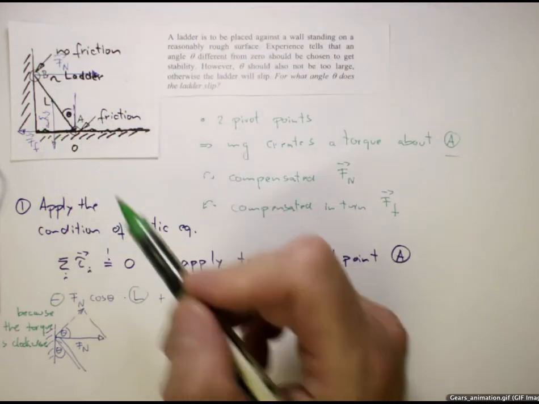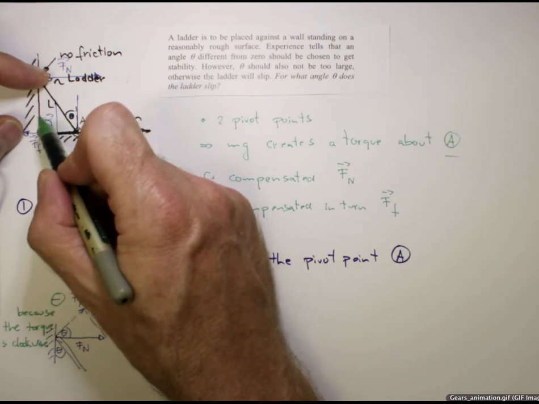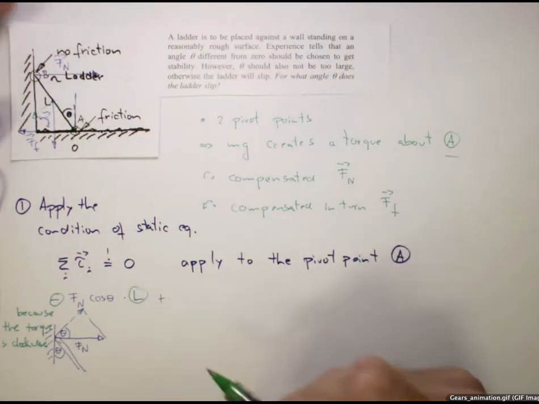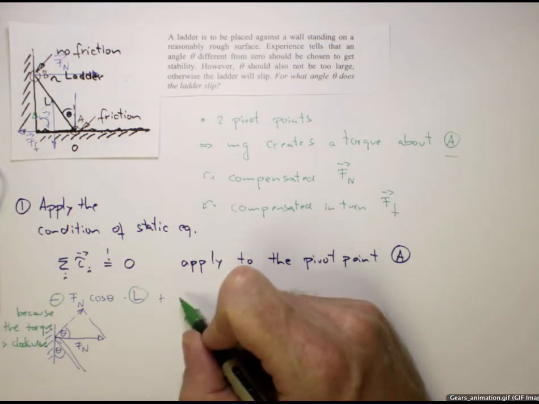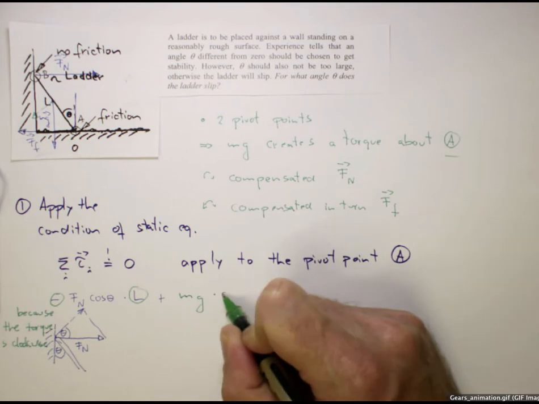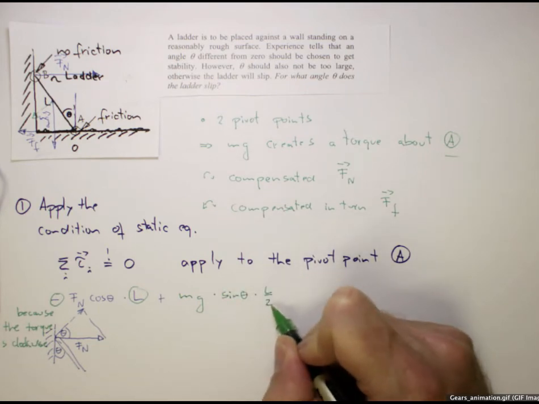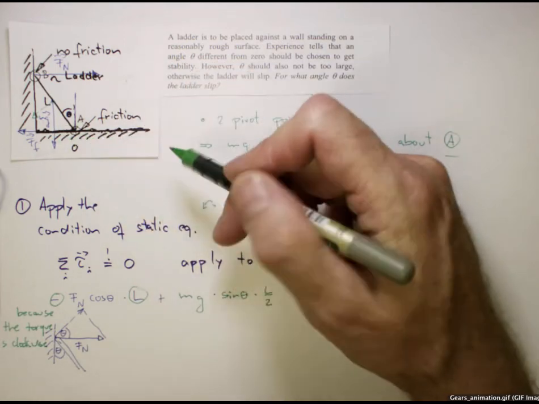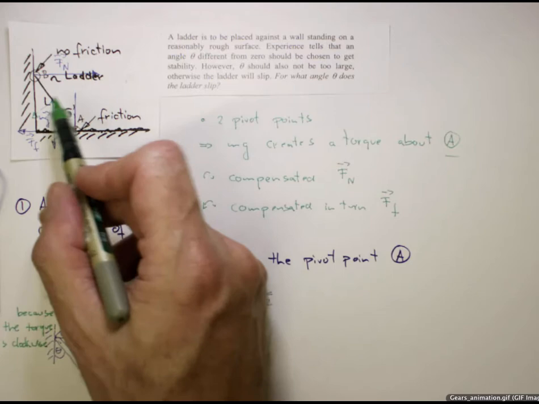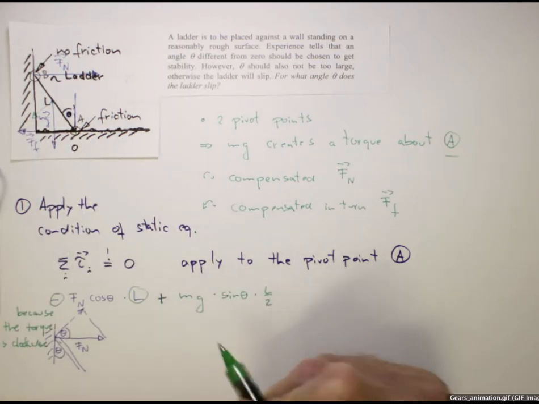Another force arises because of a component of the weight, which is this component here, and that's given as mg times sine theta, and in this case the distance to the pivot point is L half, so times L half, and now we're turning anti-clockwise, so this component is positive.